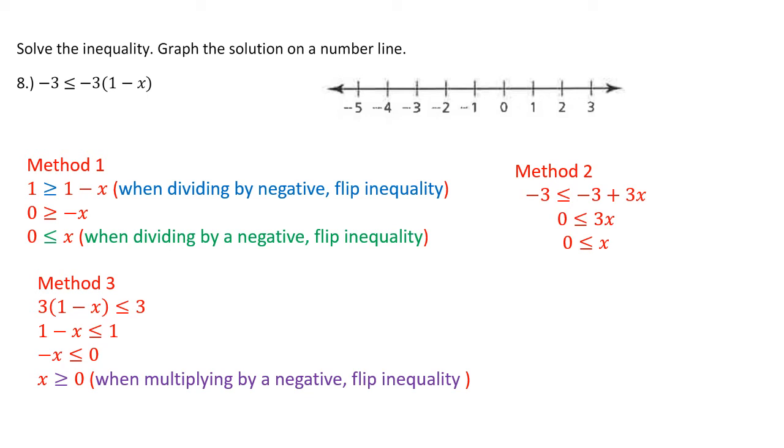And that leads us to another thought, that in methods 1 and 2, my final answer is 0 is less than or equal to x, and in method 3, x is greater than or equal to 0. Those are equivalent statements because in mathematics, you can read from left to right and from right to left.